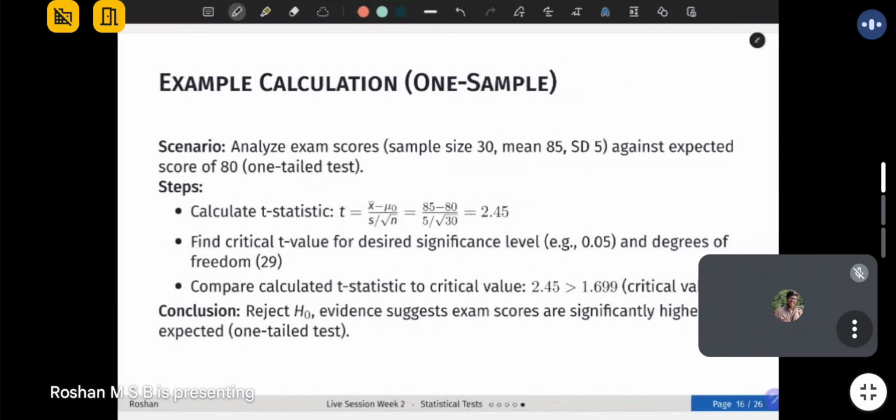I'll do an example calculation for the one sample t-test. I'm analyzing exam scores. My sample size is 30. My mean is 85, that is x bar. And my standard deviation sigma is 5. My expected score, that is mu naught, is 80. And I'm doing a one-tailed test.